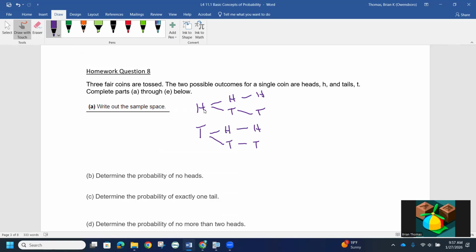If I follow across here, I could get a head, a head, and a head. That would be one outcome. I could get a head, a tail, and a tail, so a head and two tails. Or we could get a tail, a head, and a head. Or we could get a tail, a tail, and a tail.